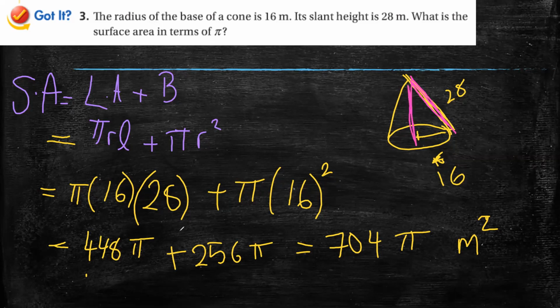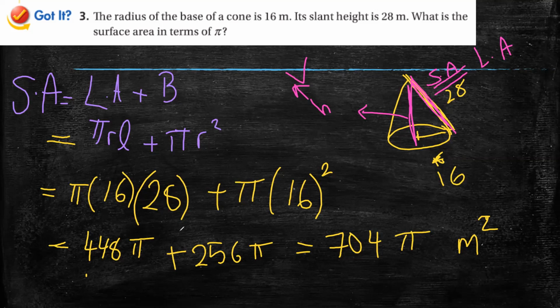So the slant height is used to find the surface area, and the height, the altitude, is used to find the volume. So this is the slant height, I use it to find the lateral area. And this height, I use it to find the volume.